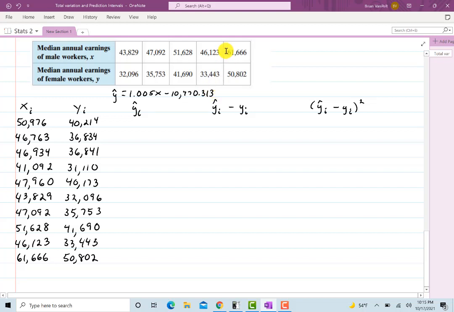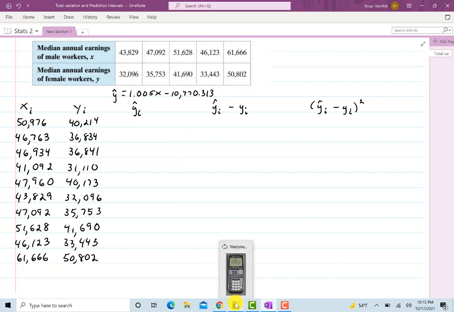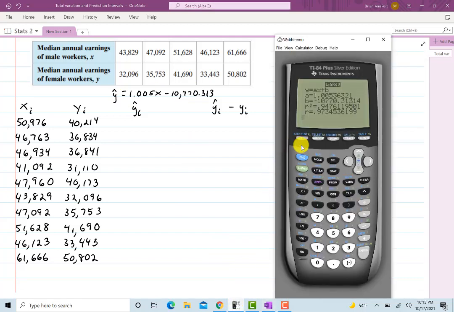Now, what I want to do is take each of these xi's and plug it into this formula. You'll find that there is a very nice thing built into your calculator for this. Let's go to my y equals. Let me clear out what's there and put in our new linear regression line.